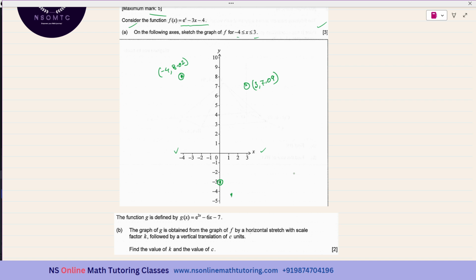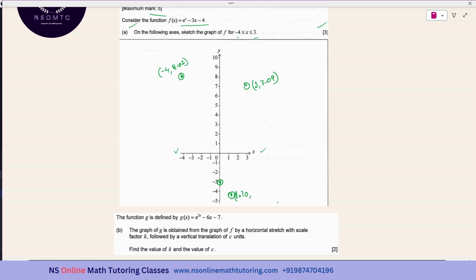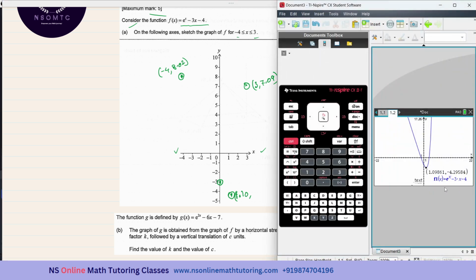I'm taking 1.10 and negative 4.30. I am showing how to get the points, otherwise I'll be connecting the points. For that, I'll not be taking your time, but first of all, I'm showing you how to get the points.